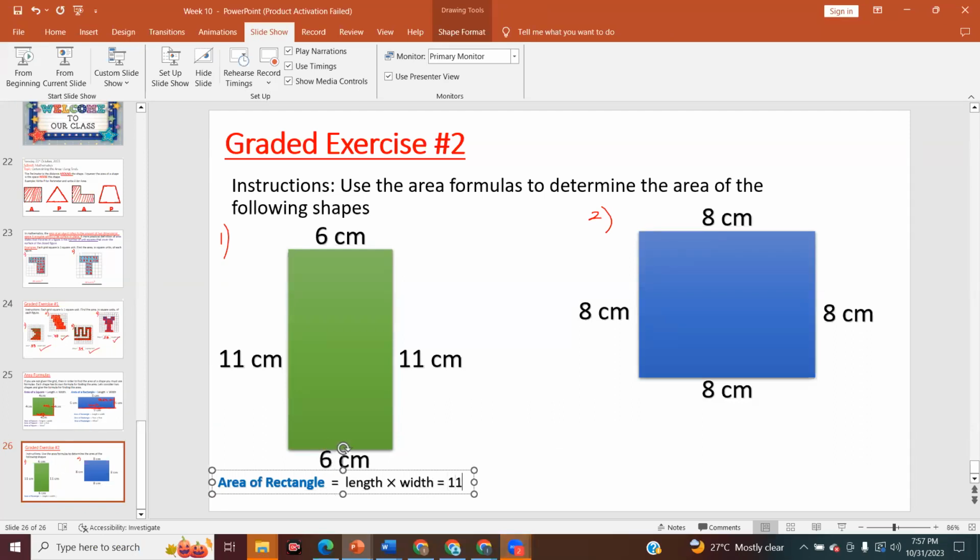What is the length and the width? The length is 11 and the 6 is the width. Very good.